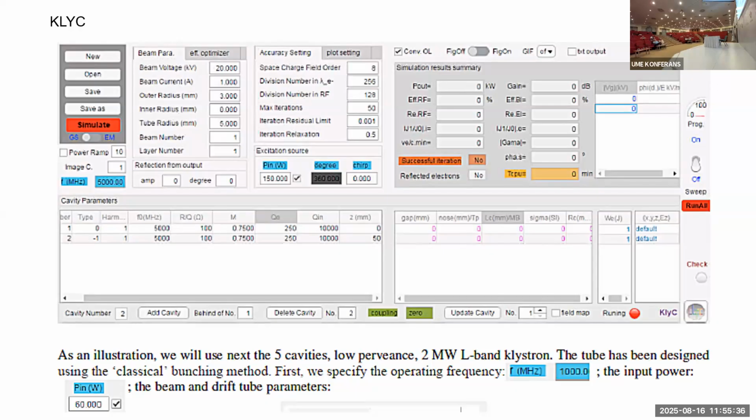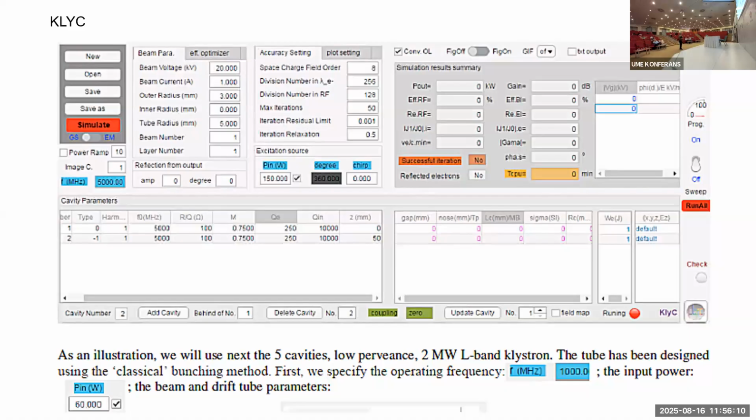What's that? Q0, Q in Z. Z, the drift line. What is that? It's in millimeters. It's okay for 5 gigahertz. Gap distance: you have to define it for each cavity.